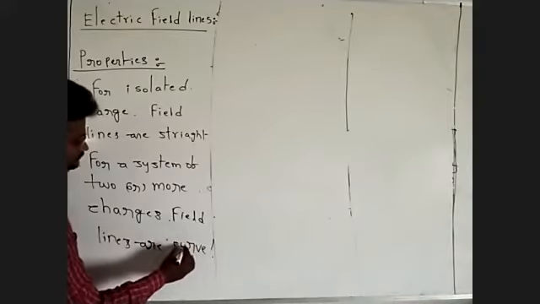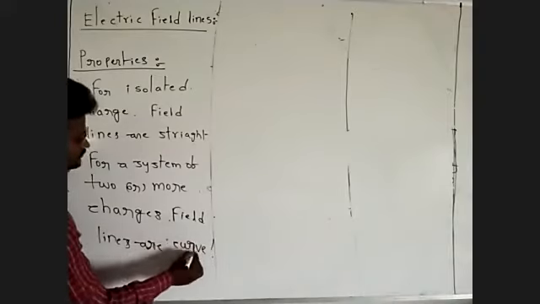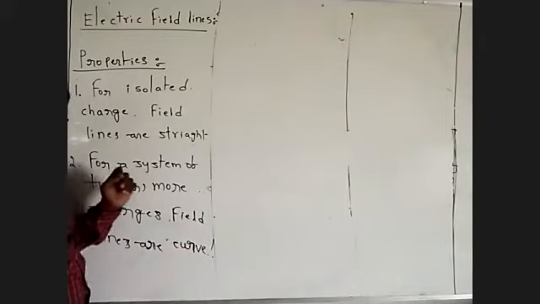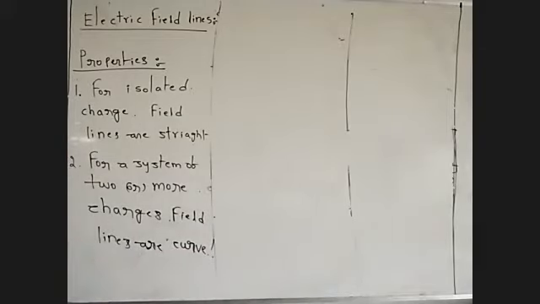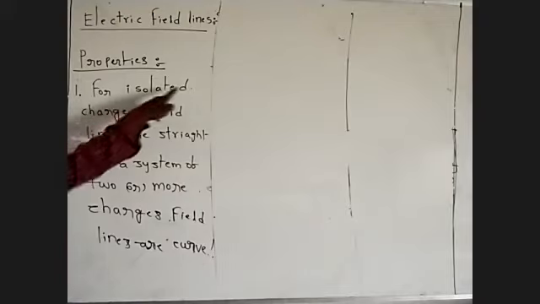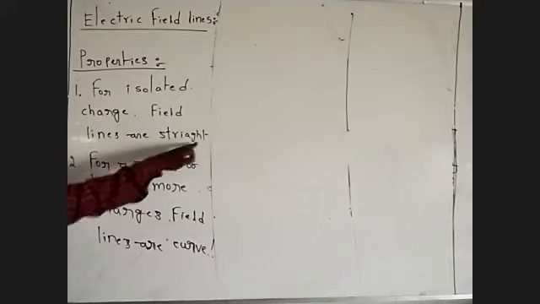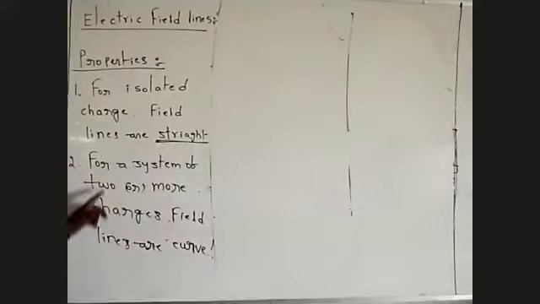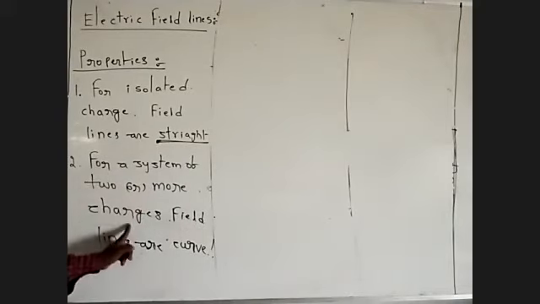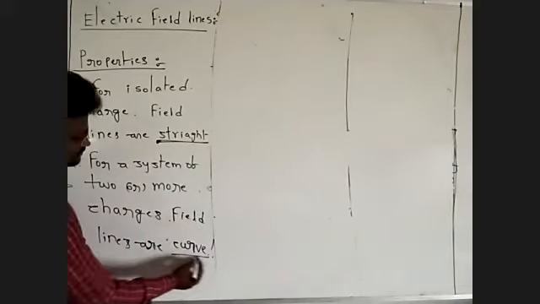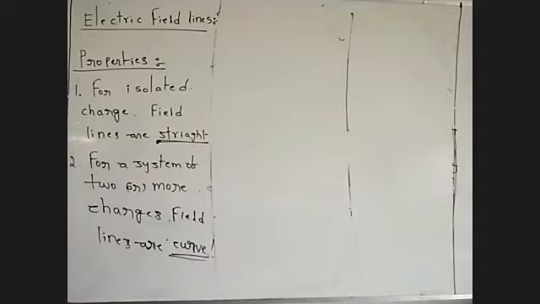For an isolated charge, field lines are straight. For a system of two or more charges, field lines are curve shape.